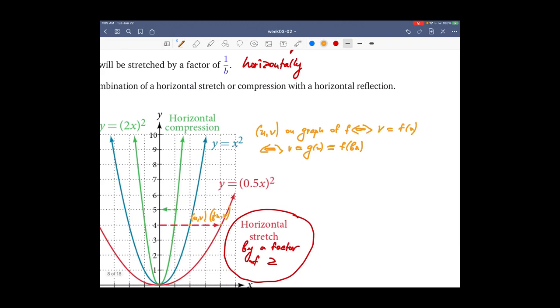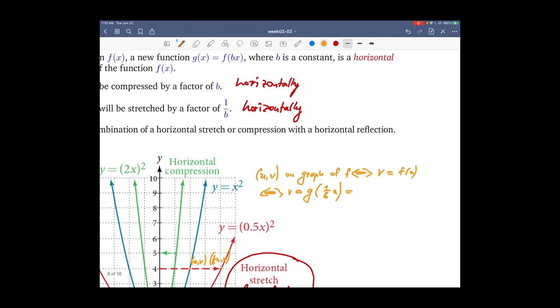Again, u, v is on the graph of f if and only if v is f at u, which happens if and only if I think v is g at 1 over b times u, because g of its argument is f at b times the argument.